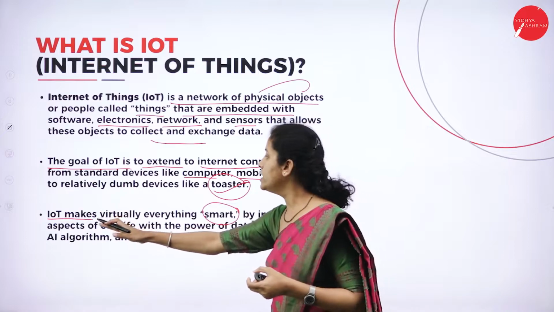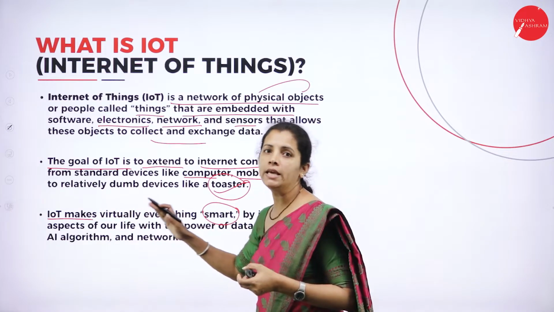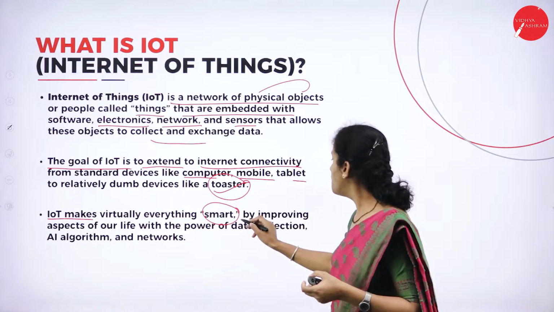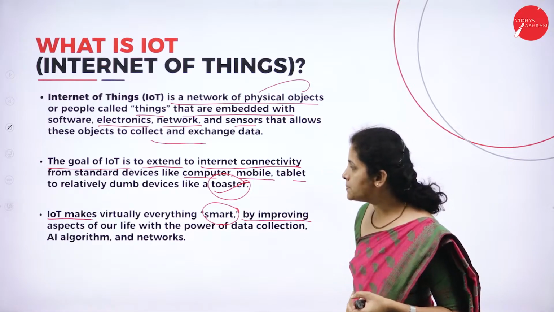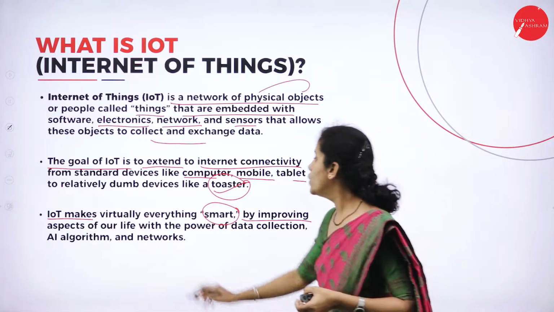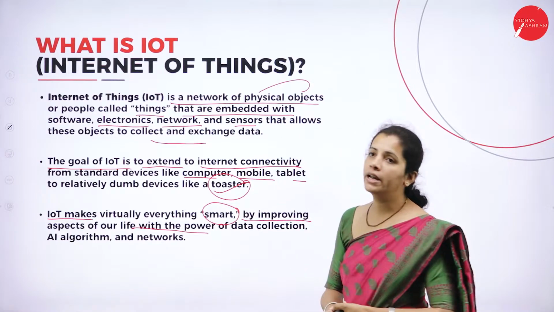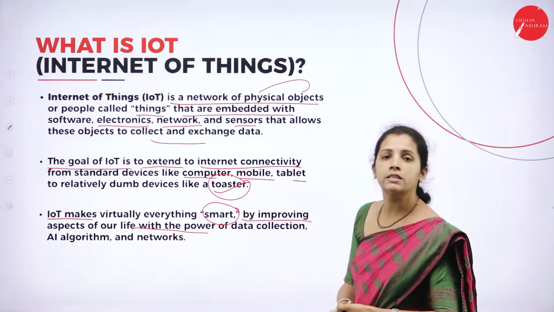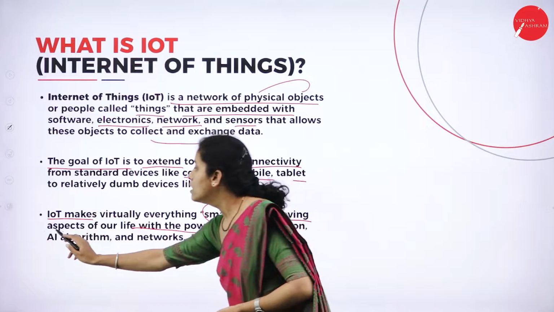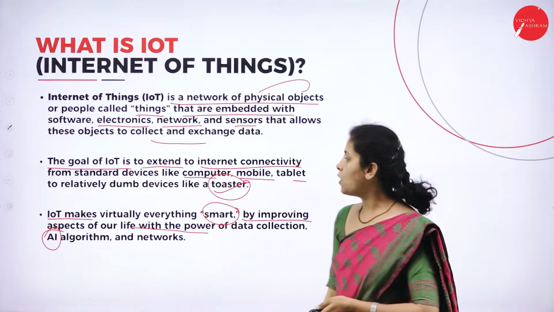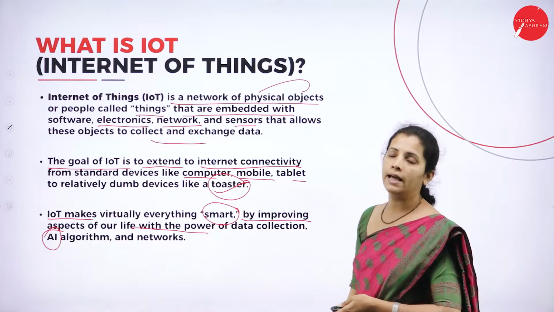That is, IoT makes virtually everything smart by improving aspects of our life with the power of data collection, that is AI, artificial intelligence algorithms, as well as network.